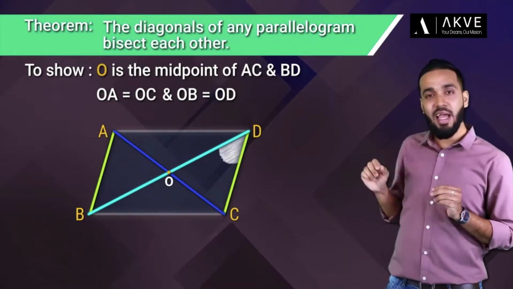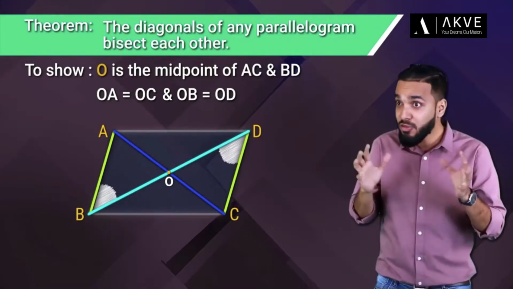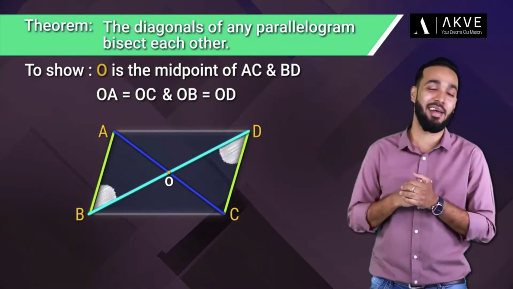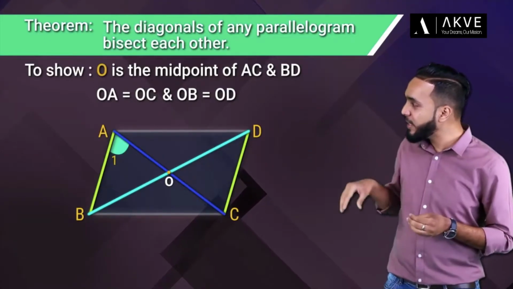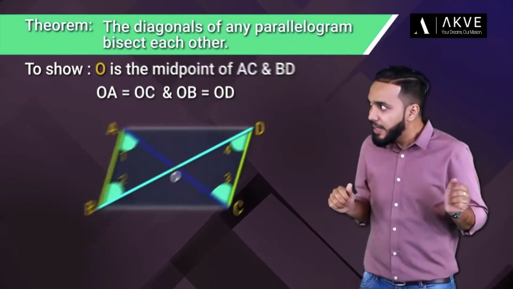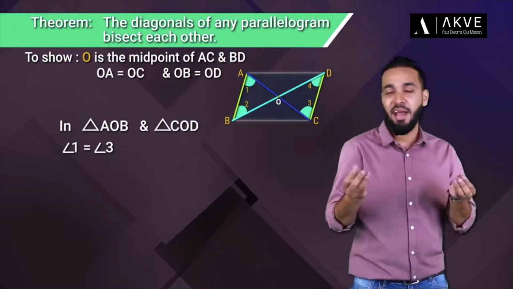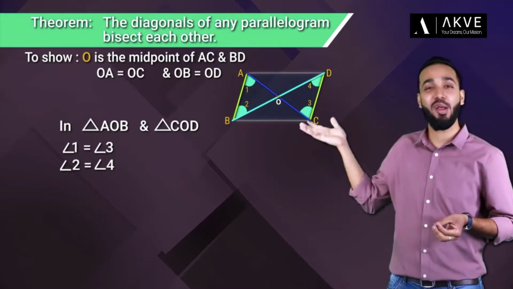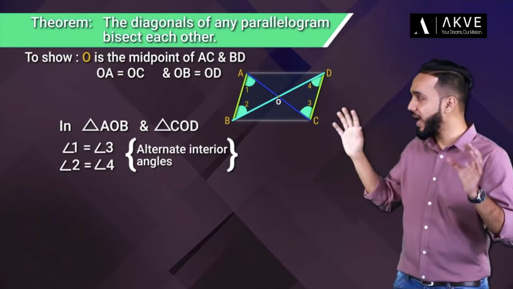Similarly, this angle would be equal to this angle because they too form a pair of alternate interior angles. For ease of understanding, let's just name them 1, 2, 3 and 4. So, in triangles AOB and COD, angle 1 is equal to angle 3 and angle 2 is equal to angle 4 because they form pairs of alternate interior angles.